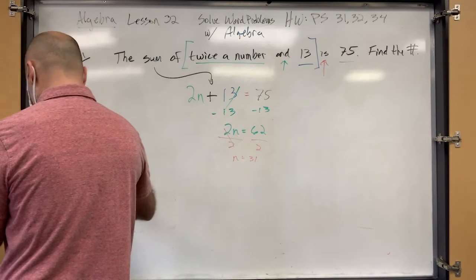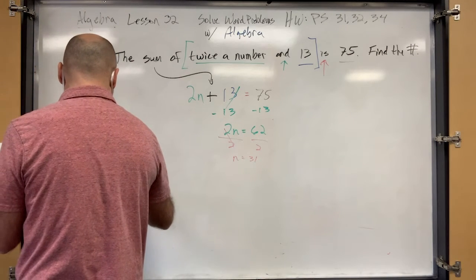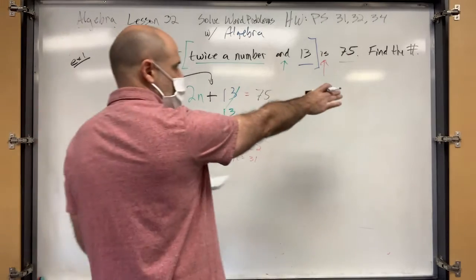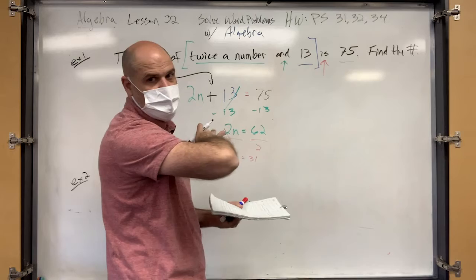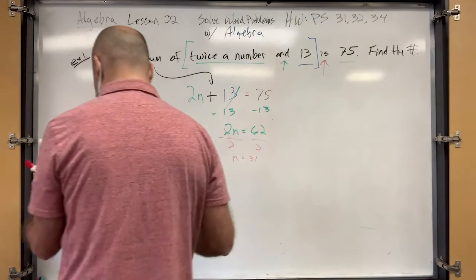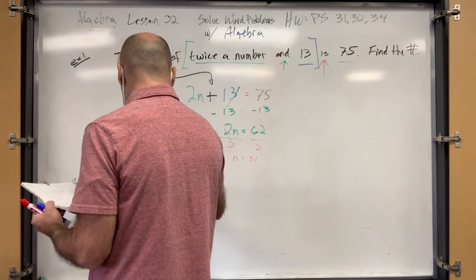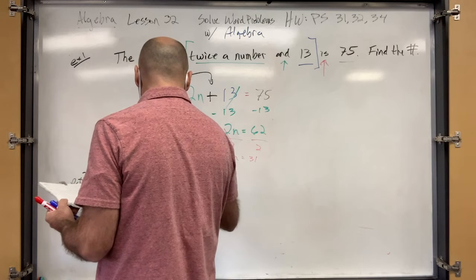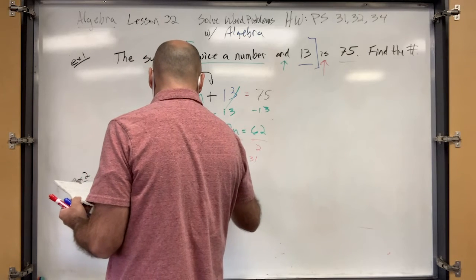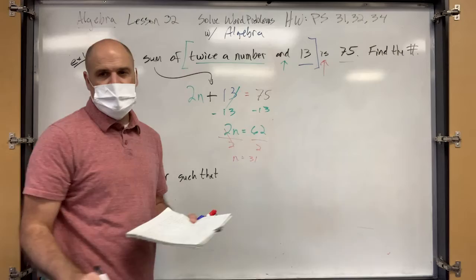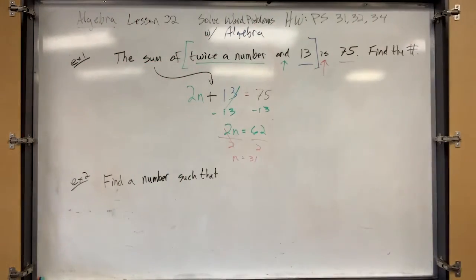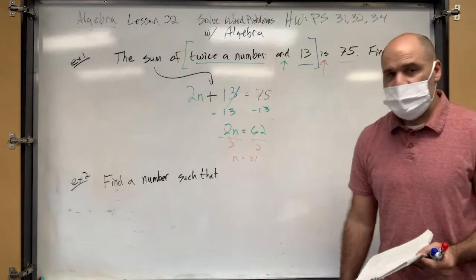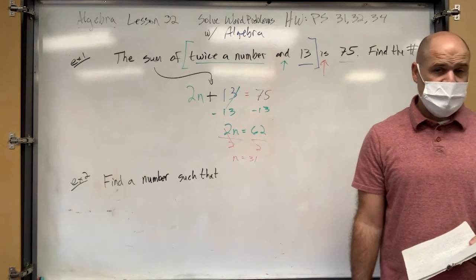Here's example 2. Find a number. In this case, I put the command on the first part of the problem instead of the last part. Find a number such that. You'll see that sometimes, such that, and then this is where you need to translate. Such that has no mathematical value. This is just saying find a number, and here are the clues I'm going to give you right after the phrase such that.